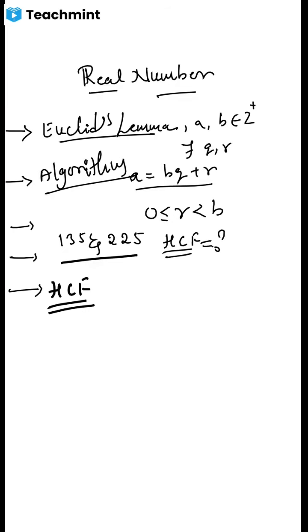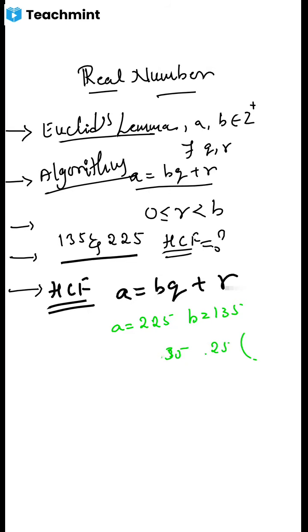Here a = 225 and b = 135. In the table of 135, is 225 there or not?